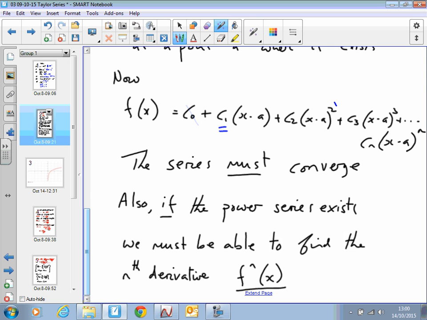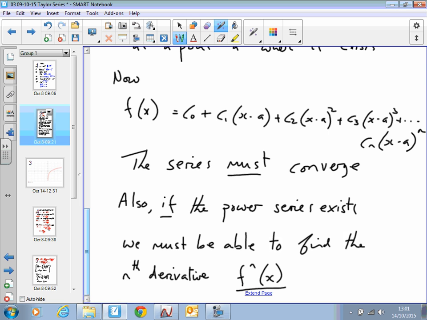This 2 will come down and go in front, and then the 3 will come down and go in front, and we'll change that power to 2. Then if we differentiated it again, other terms will disappear, and again and again. If you think of this nth term here, we can differentiate that n times. Or, if n tends to infinity, we can differentiate this power series as many times as we want.